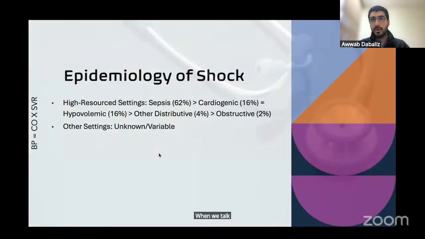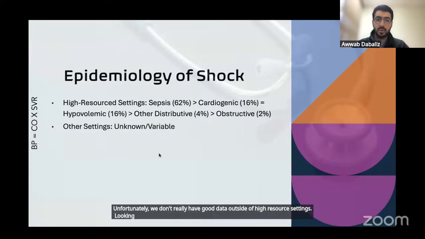When we talk about the epidemiology of shock, unfortunately we don't have good data outside of high resource settings. In high resource settings, there are studies that looked into this, and it definitely varies depending on the type of institution.